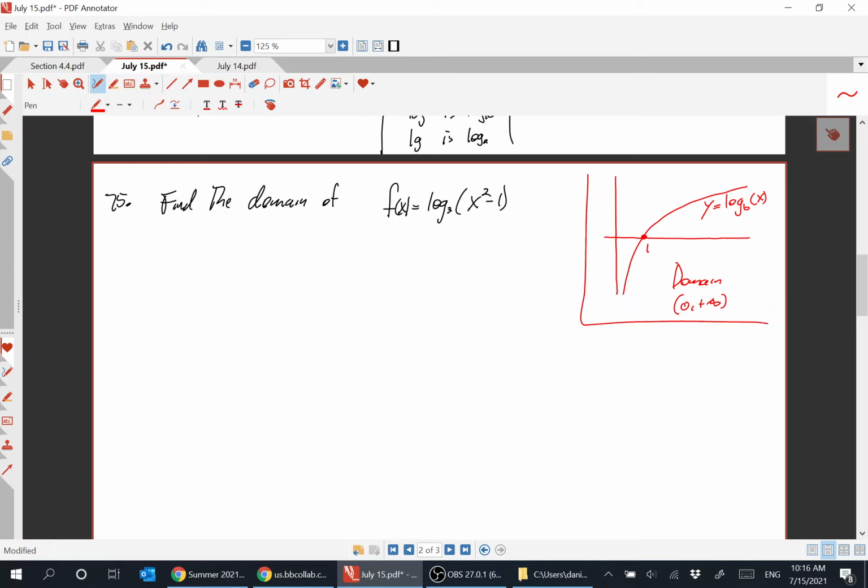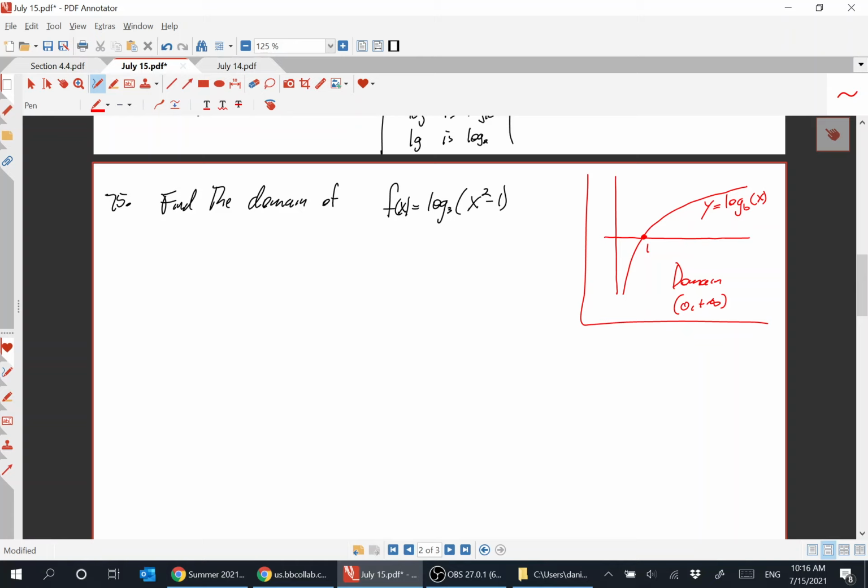Because exponential functions are always positive, as long as they have a positive coefficient in front. It's never 0, it's never negative. Or if you have a negative coefficient in front, it's always negative and never 0, never positive. So the sign doesn't change on an exponential function. So for a log function, because the exponential b to the x is always positive, the range is 0 to plus infinity. So the log being the inverse function, the domain is 0 to plus infinity.